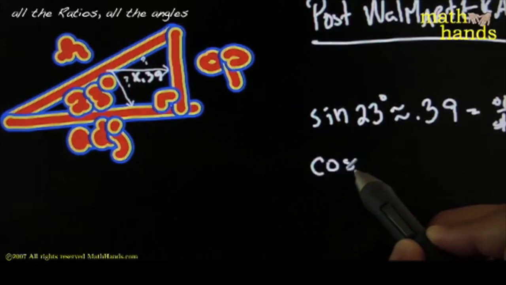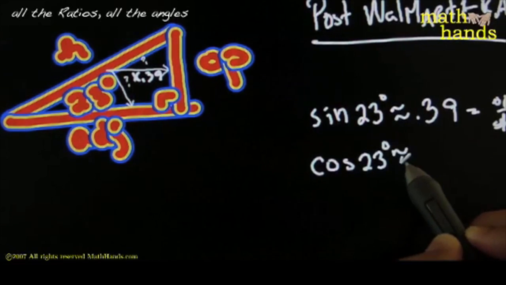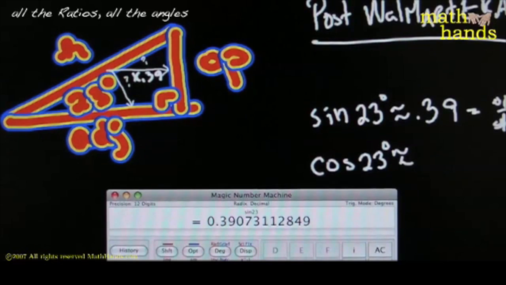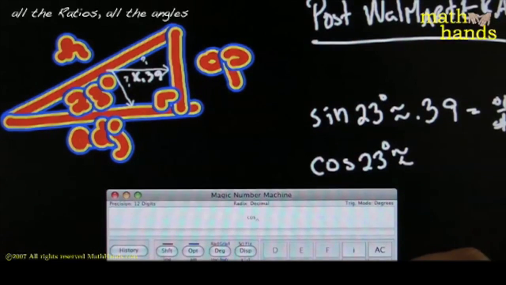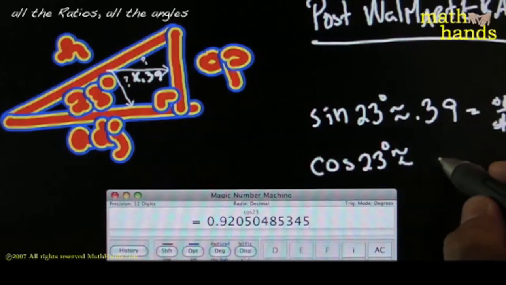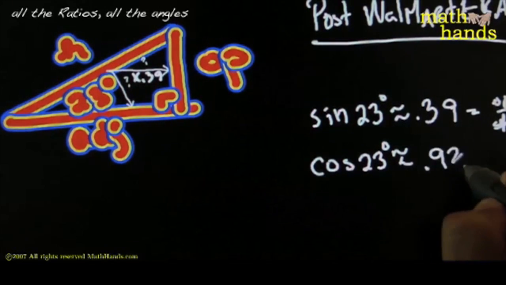So if I calculate cosine of 23 degrees, I get approximately, again, we'll use our little on-screen calculator. Let's see, I will push the cosine button. First I'll clear that. I push cosine, 23, then I push equals, and it tells me 0.92 approximately.